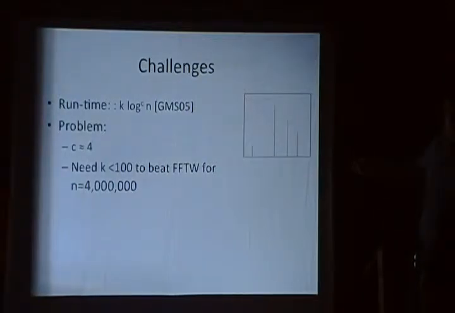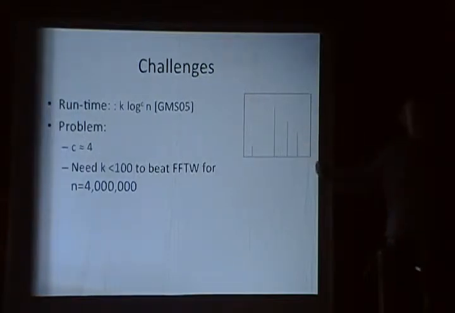if you look at the timing experiments which were done by these authors as well as Mark Iwen and other people, the conclusion is that even for large signals, you beat FFTW, which is a very good implementation of FFT, only for sparsity up to like 100 or 200.